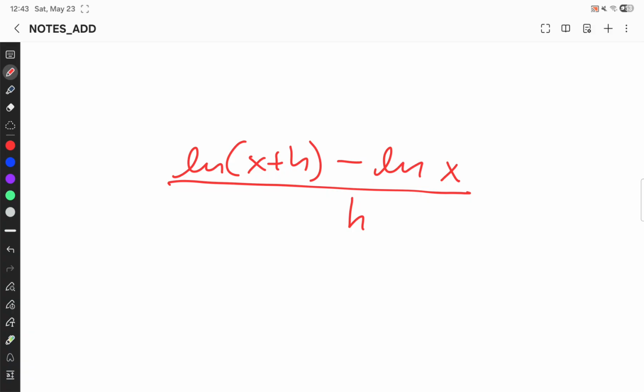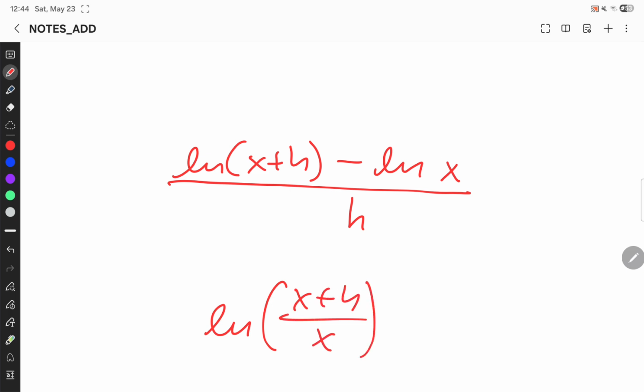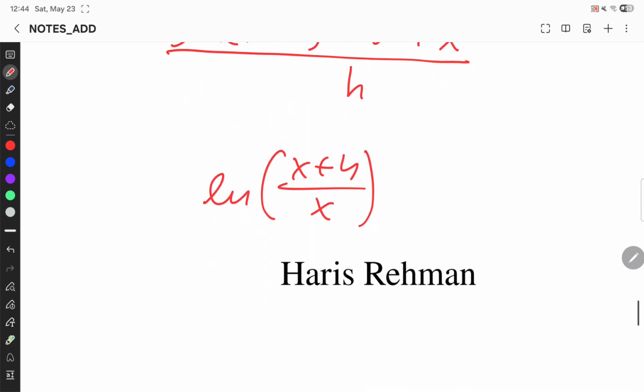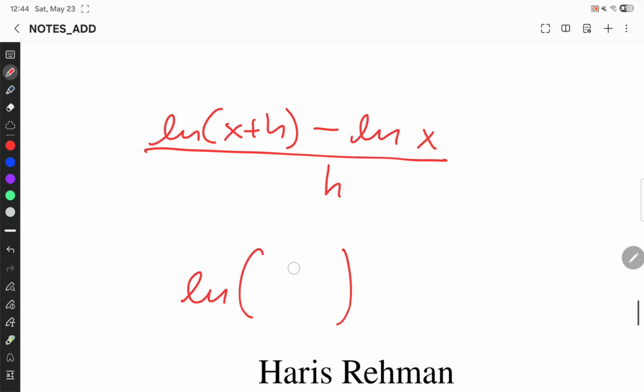You guys remember the difference of two logs is the same as the log of the ratio of the inputs. So we can simplify this, giving us x plus h over x. Now we can simplify this further, giving us 1 plus h over x.